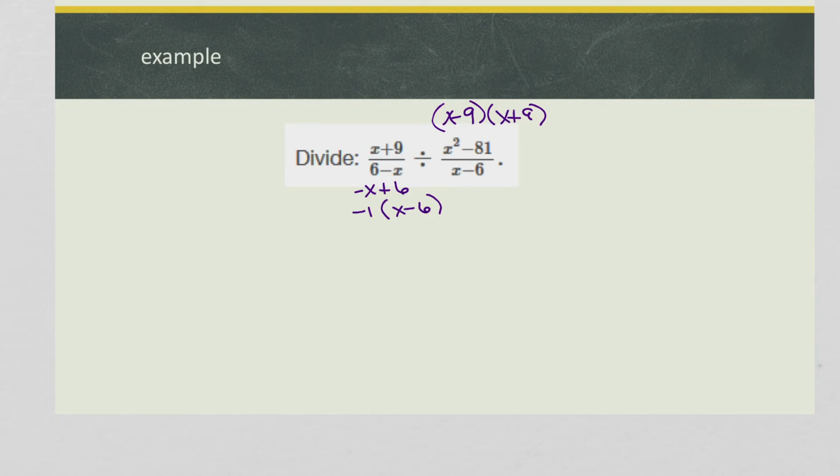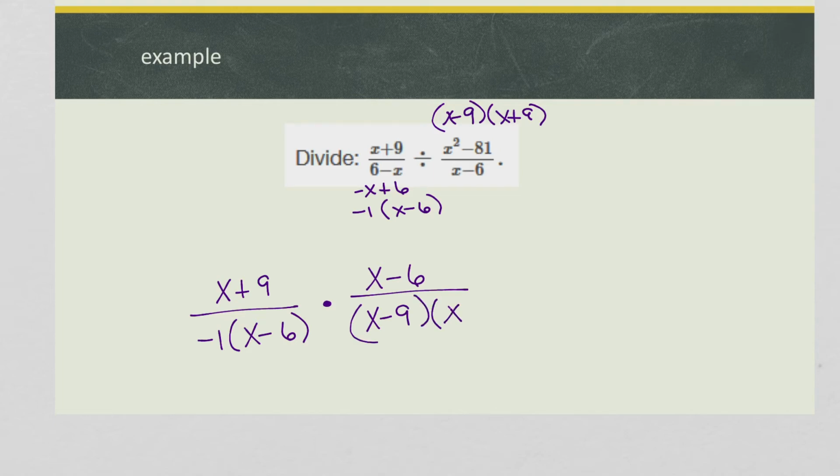Okay, so now let's keep the first one. So I've got x plus 9 over negative 1 times x minus 6. I'm going to change my sign to multiplication, and I'm flipping my second one. All right, so now let's mark out the like factors either diagonally or vertically.